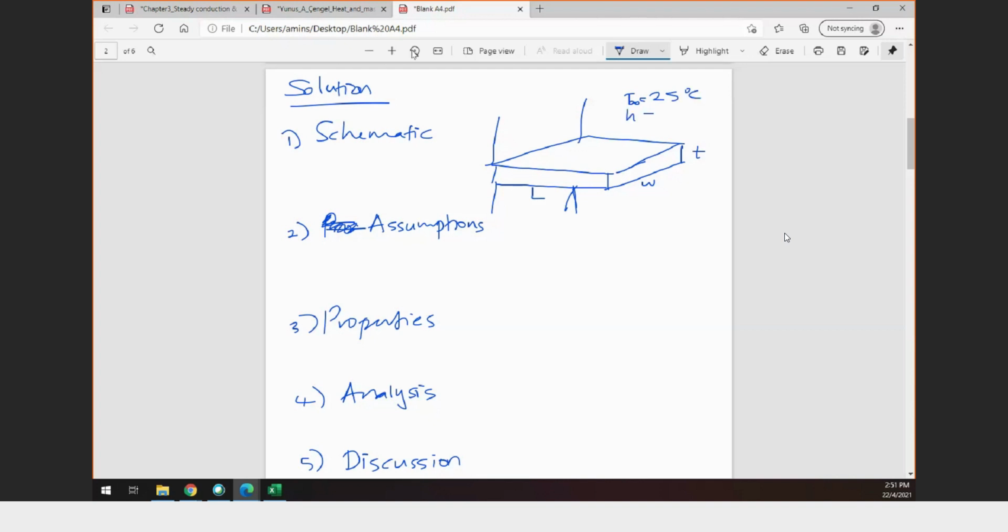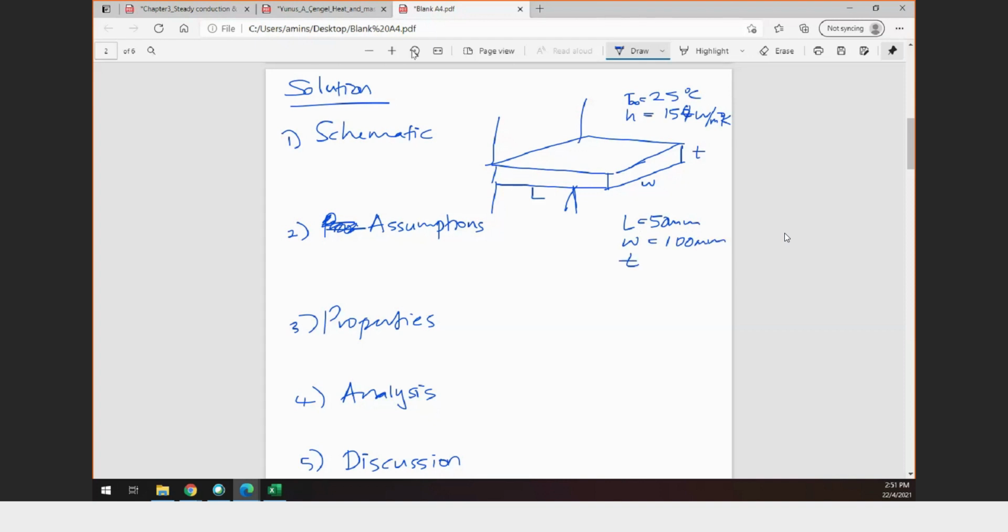We have the h value of 154 watt per meter squared Kelvin. Okay, and then you have all these values. L is 50 millimeter. W is the width, 100 millimeter.